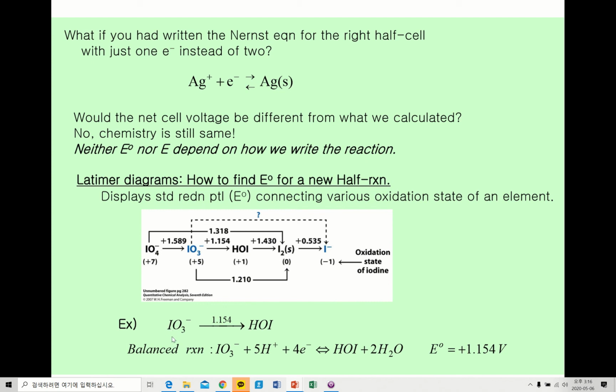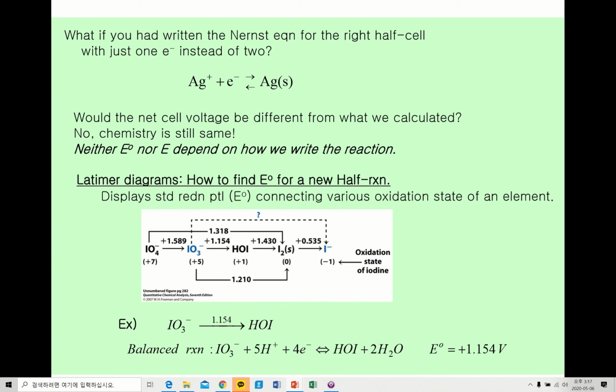Here it is +5, here it is +1, so naturally 4 electrons are involved. So iodate plus 4 electrons, and then we make the charge and mass balance.